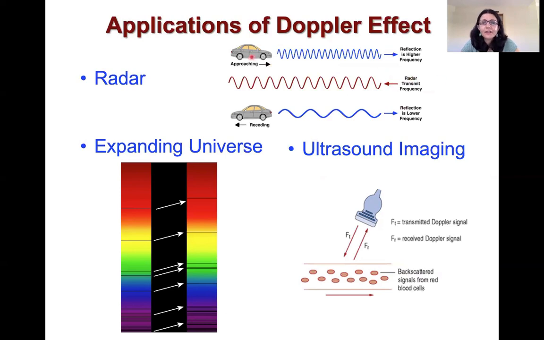So if the car is approaching, then by the time one crest bounced back, the next crest that's going to bounce back, the car has had time to move, so the wavelength of the wave that's reflected off it is going to get shorter, and shorter wavelength gives you higher frequency. And as you saw from the previous equation, knowing this difference in the frequency between the transmitted wave and the reflected will give you exactly the speed of the car.